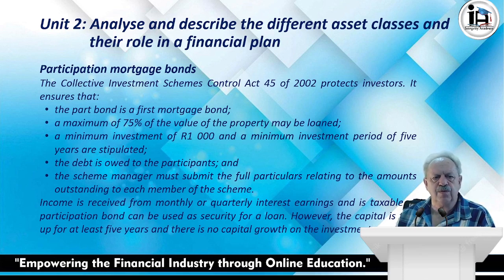A maximum of 75% of the value of the property may be loaned. A minimum investment of 1,000 and a minimum investment period of 5 years are stipulated. The debt is owed to the participants and the scheme manager must submit full particulars relating to the amounts outstanding to each member of the scheme.